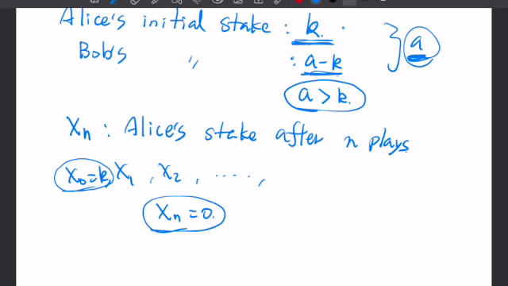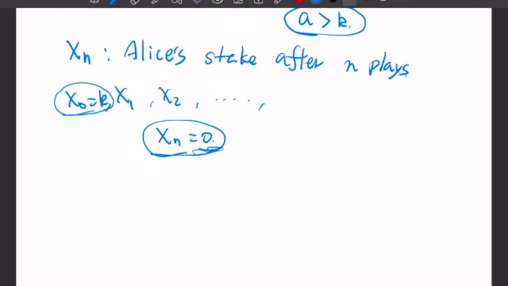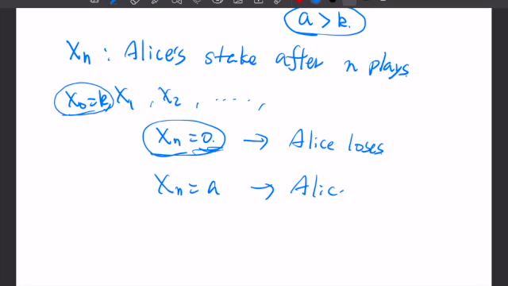So X_0 starts from k, and eventually it may increase up to a or decrease down to 0. We want to calculate these probabilities. So in this case, Alice loses. If X_n is a, then Bob loses and Alice wins.